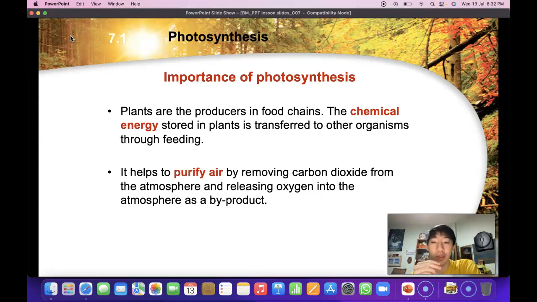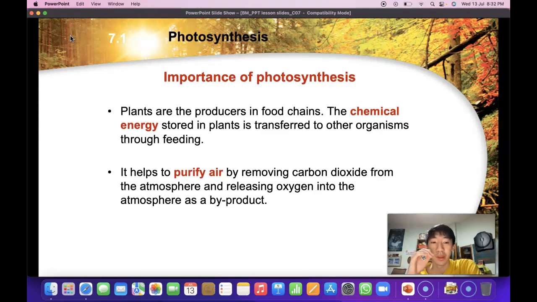Secondly, photosynthesis helps to purify the air by removing carbon dioxide from the atmosphere and releasing oxygen into the atmosphere. This is good because we know that carbon dioxide is a greenhouse gas, which means that it can cause the earth to become hotter. Not a little bit, actually pretty hot.